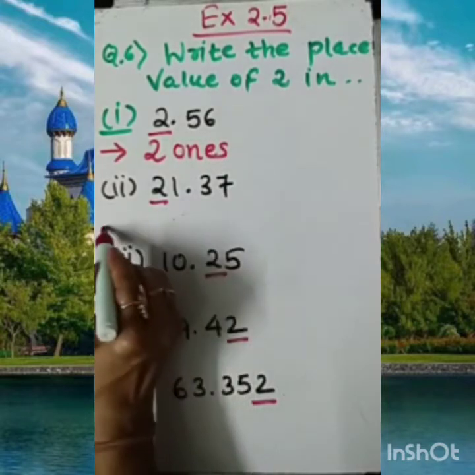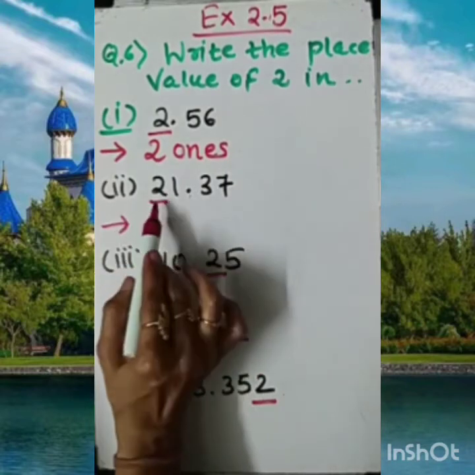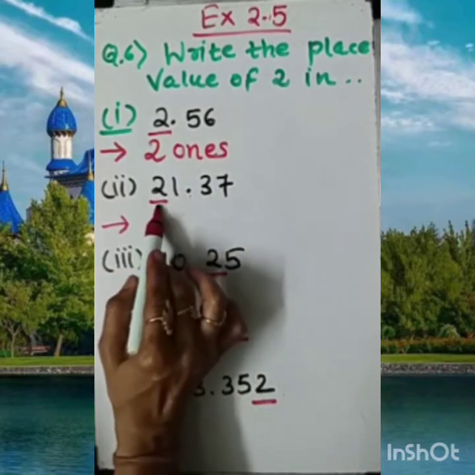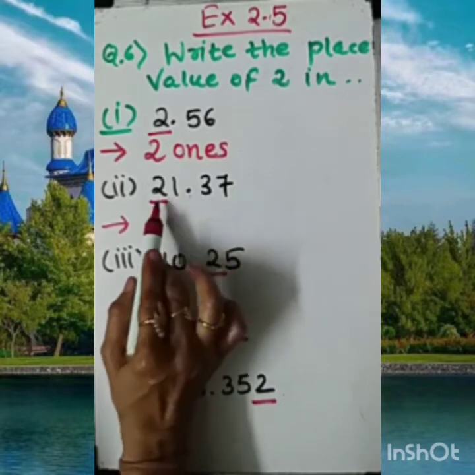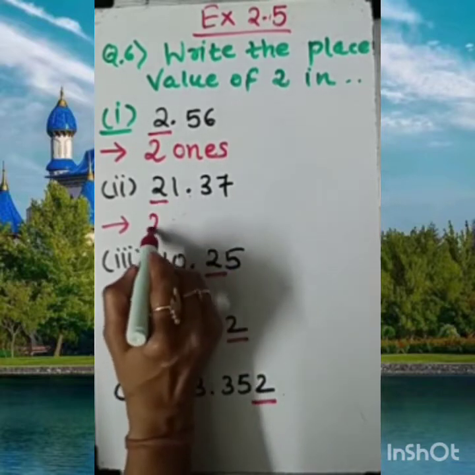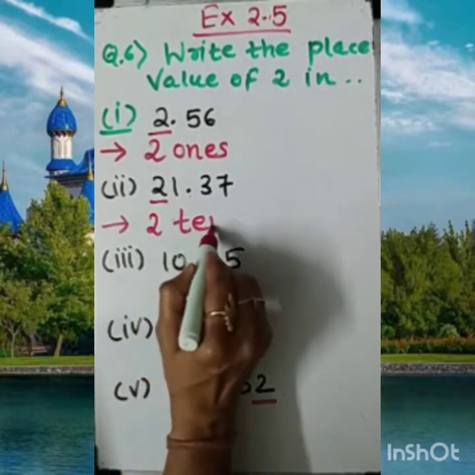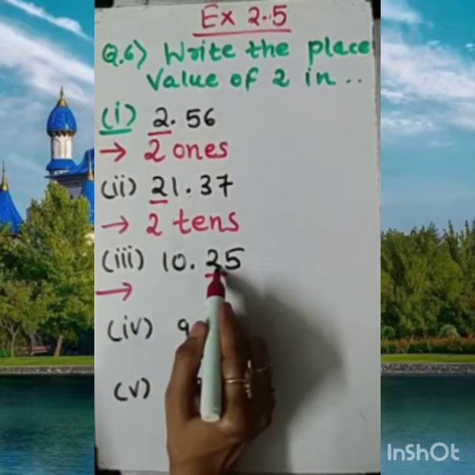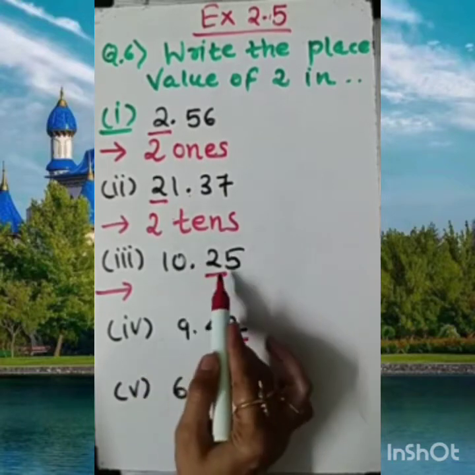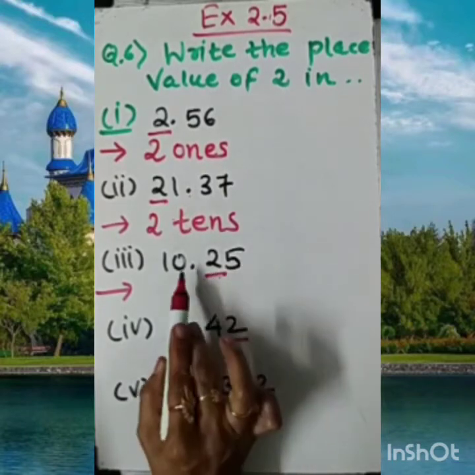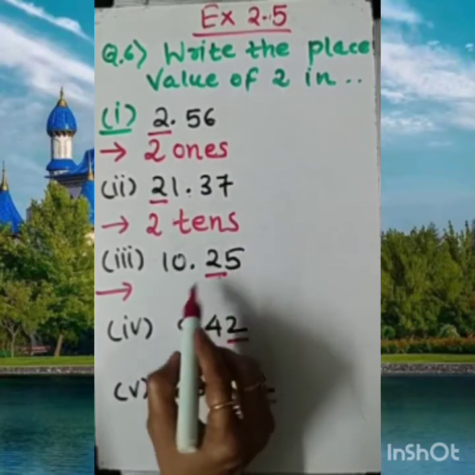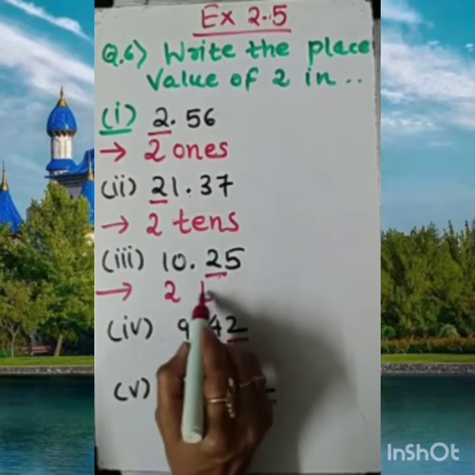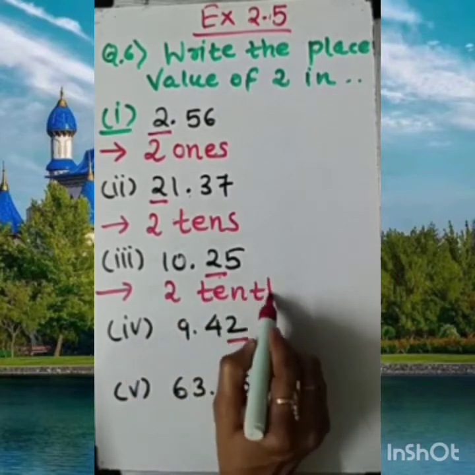Then here again you can see before the decimal, this 2 is at the tens place. This is the ones place, this is the tens place. So I need to write it is 2 tens. What about this 2? Now here you can see after the decimal, first position indicates the tenths place, T-E-N-T-H-S.